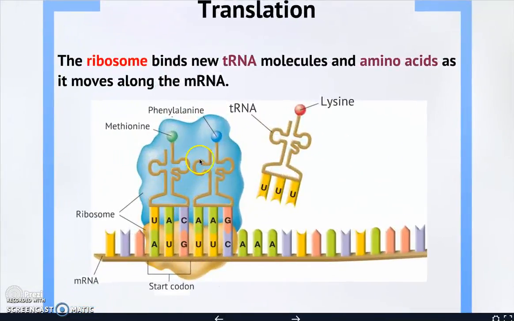You would see up here on this transfer RNA molecule, they are carrying phenylalanine. Here's our other tRNA molecule, and we have AAA, and it is bringing lysine. So if we looked up lysine on that chart, we would see that AAA was the mRNA structure that coded for lysine.